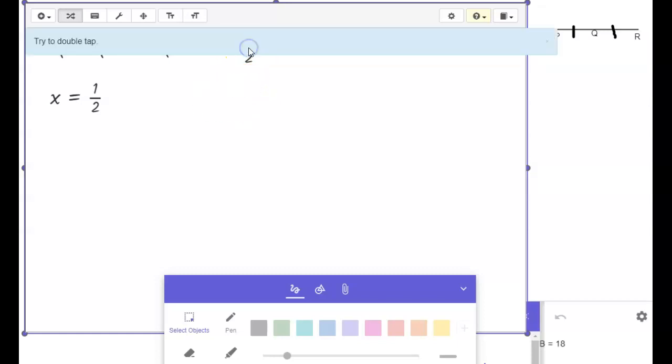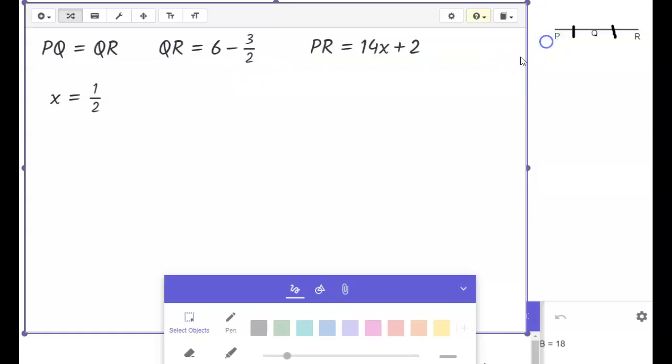You could double click that one. I knew it was going to be a double click. Okay, and then minus. And the distance from Q to R is 4.5.